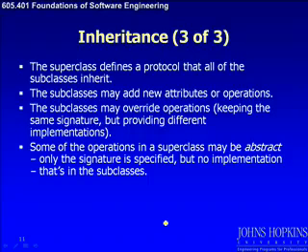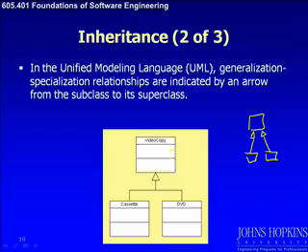The superclass defines the protocol that all the subclasses inherit. So whatever set of attributes and operations I specify in video copy, an instance of cassette and DVD should also be able to perform those operations and store that information. In addition, the subclasses can add new attributes or operations that are not defined by the superclass.